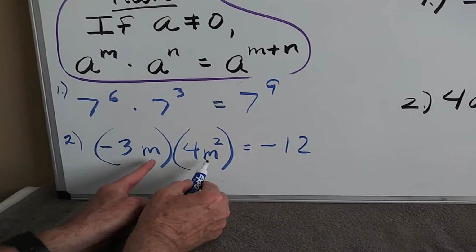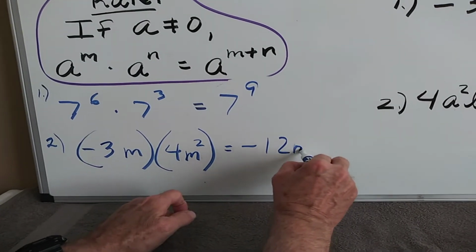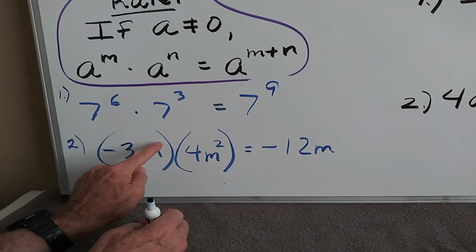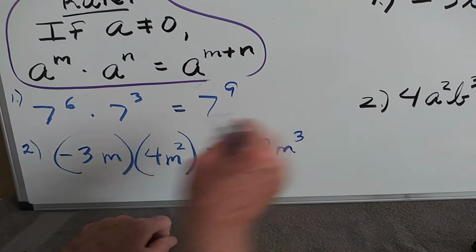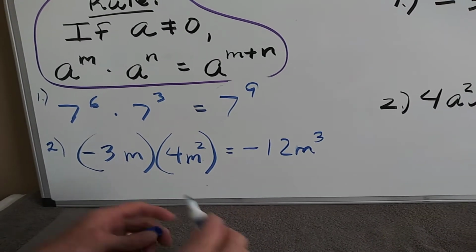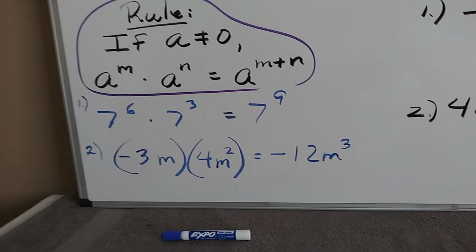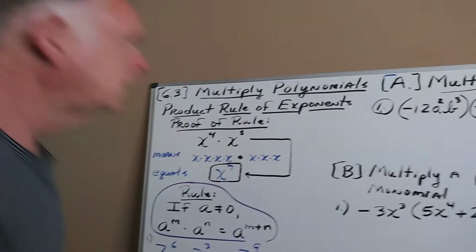The product rule says bring over one of those m's. We'll put it right next to the 12 and add the exponents. The implied exponent here is 1. Added to 2, we'd get an overall answer of negative 12m to the 3rd. So those are just a couple of simplified examples that point out this product rule of exponents.